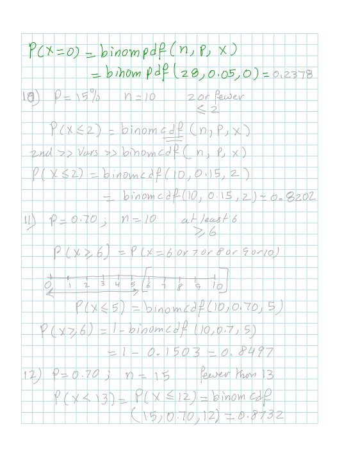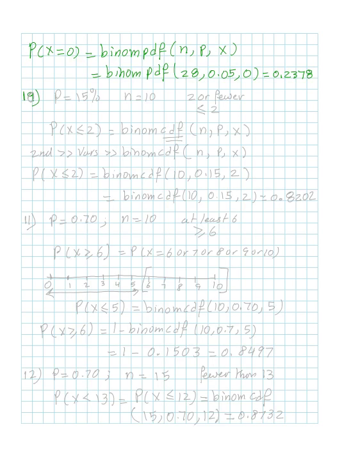It's the same way that I did the previous exercise. Binomial PDF, n, p, x. So that will be binomial PDF, where n is 28, p is 0.05, and x here is 0.